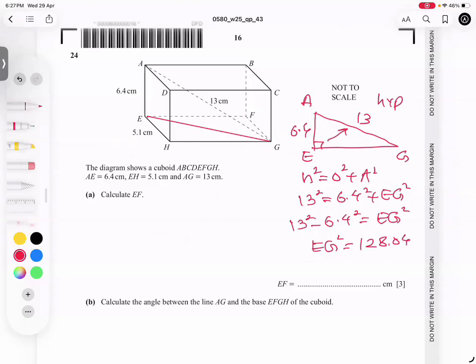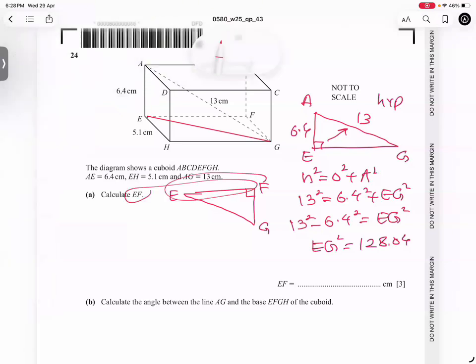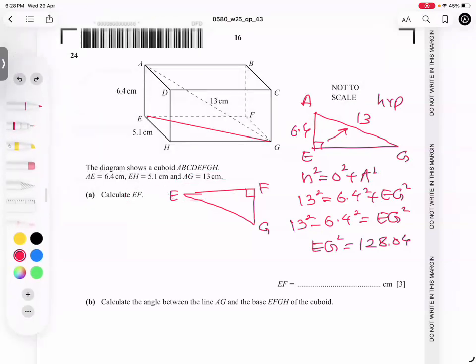The reason is, look now, students, I make this triangle. You can see this triangle. So I'm going to make this diagram here, and the second triangle I'm going to make now here. There is a 90 degree angle at F, this is G, and this is E. This is what I want to know, EF, and the other gap is equal to 5.1.